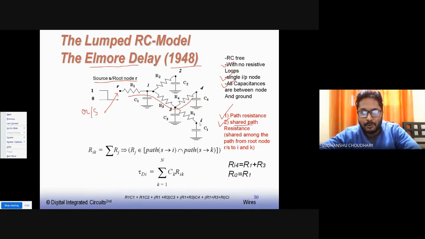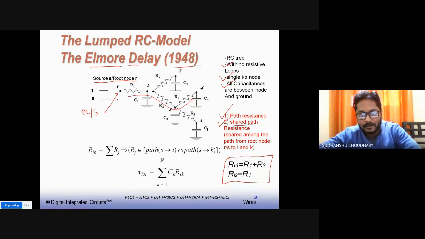This is my output node, let us say the ith node. So the total shared path resistance between node number 4 and node number I is R1 plus R3. So let's say I want to calculate the shared path resistance from root node to ith node and fourth node.